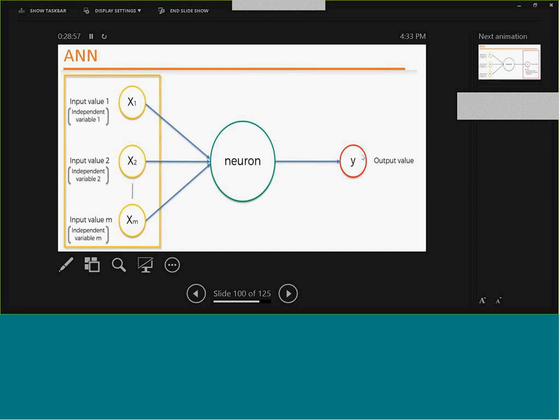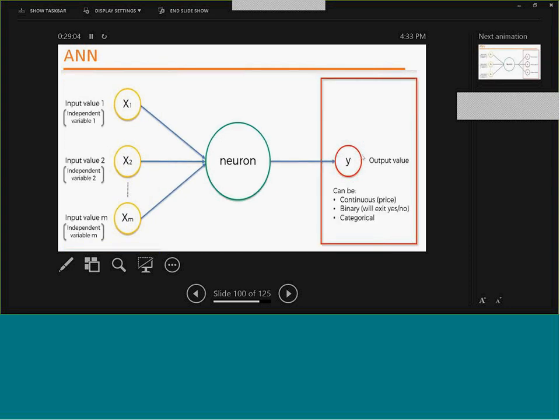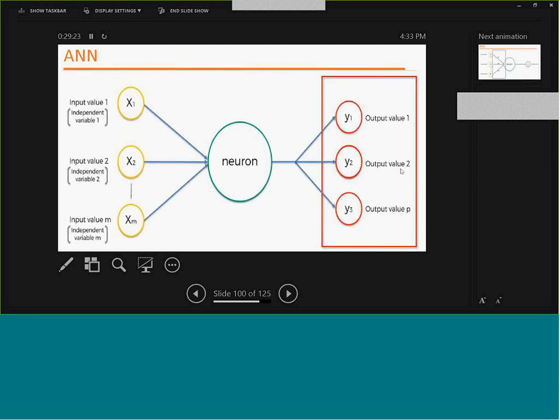So say that X1, X2, and XM are the M independent variables. Together they pass it to the green neuron, and finally it provides the output value. Now in this particular case, the output value can be continuous, for example a price, it could be binary like yes or no, or it can be a categorical variable as well.